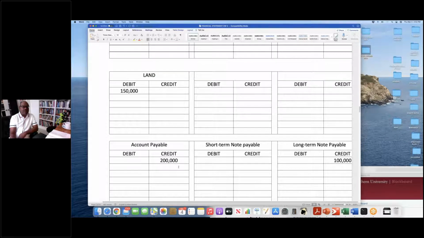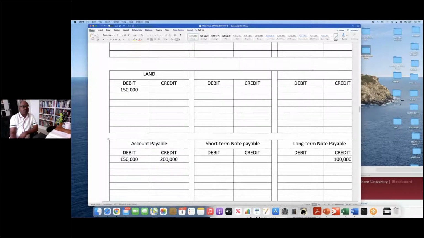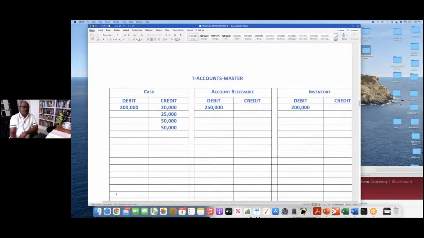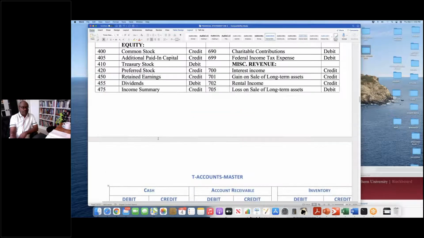What side is it gonna go on? Debit or credit? The debit side. And what else we're gonna do? You're gonna put 150,000 in the cash side on credit. Okay.